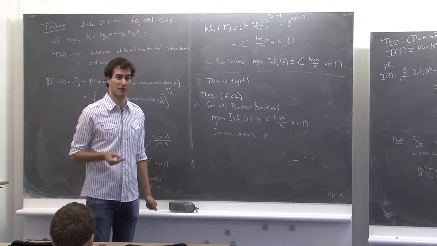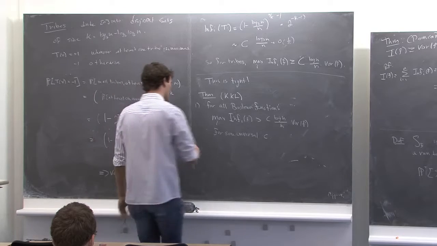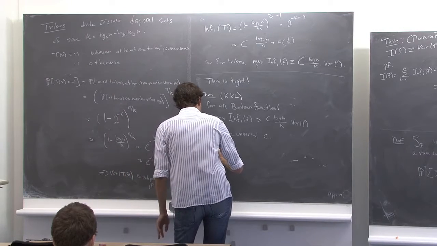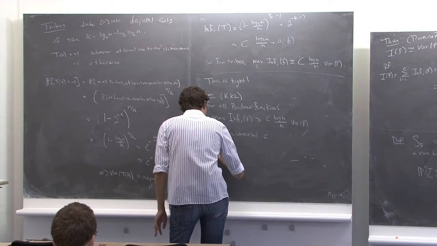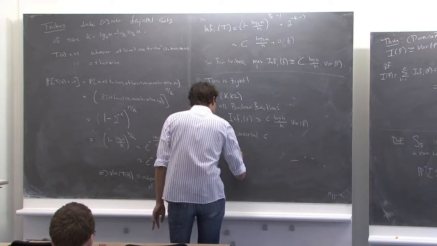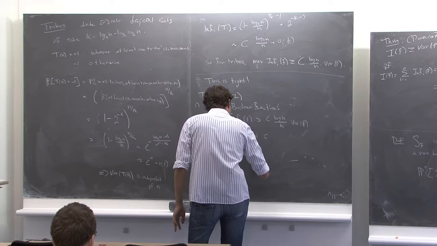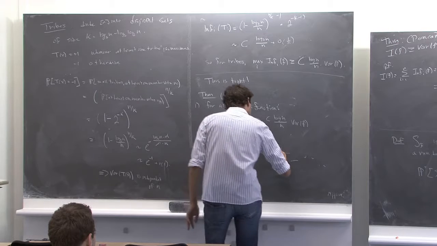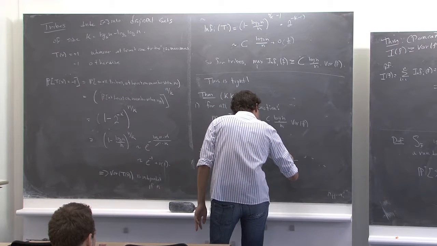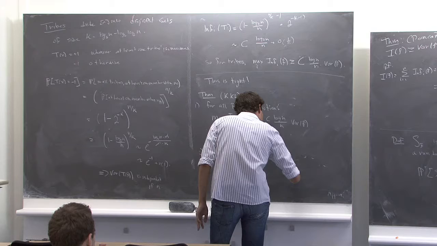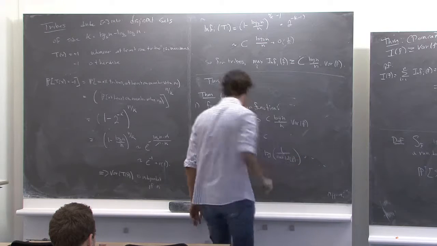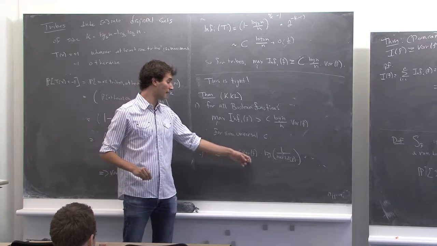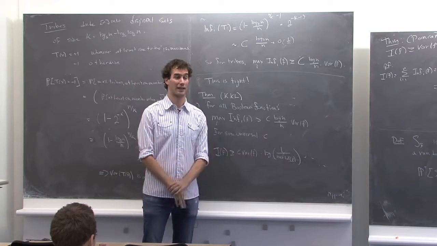The second one says something even more amazing, really: that the total influence is actually bounded below by the variance times the log of 1 over the maximal influence.